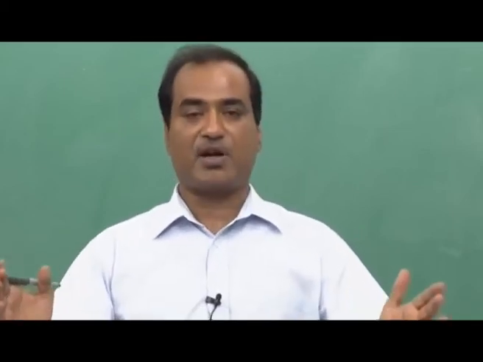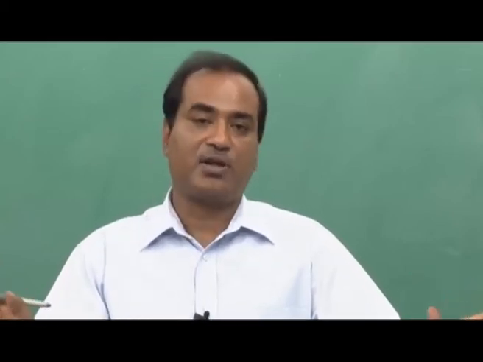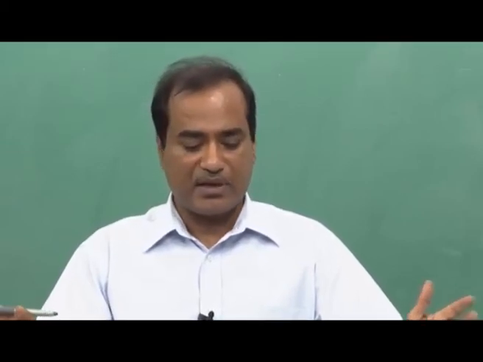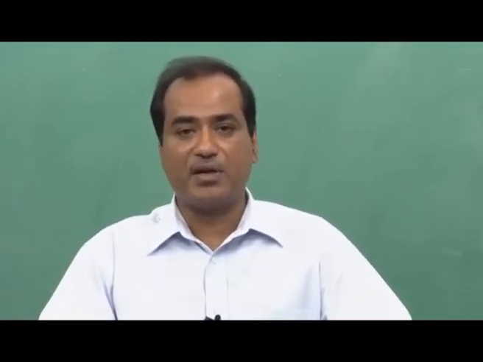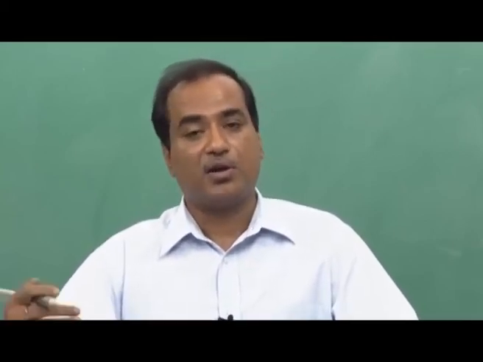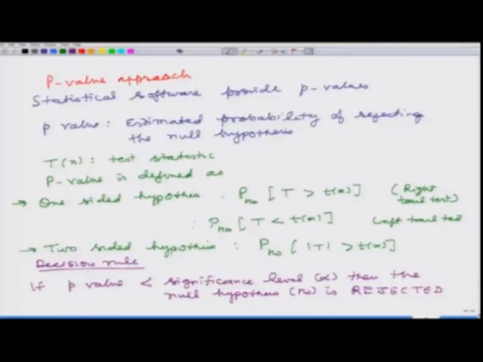You simply compare the p-value and the value of alpha, and based on that we can take a correct decision about the test of hypothesis. And in this approach we need not look into the tables of either normal probability or t probability. So, that is the advantage of this approach.